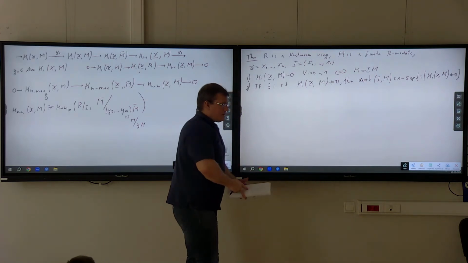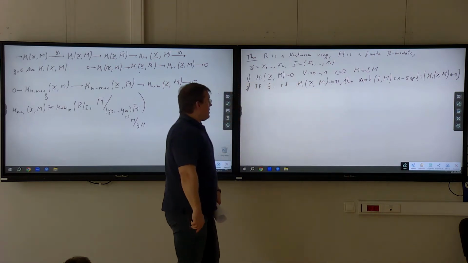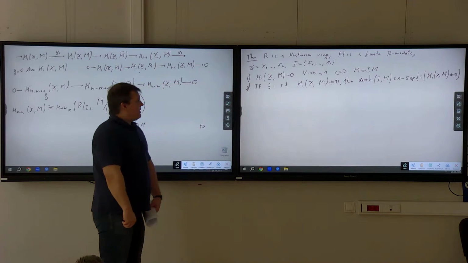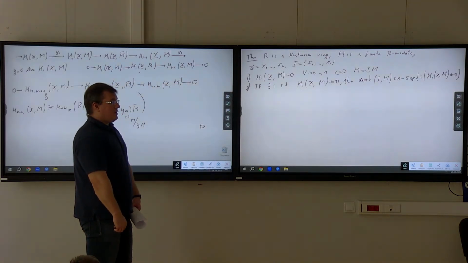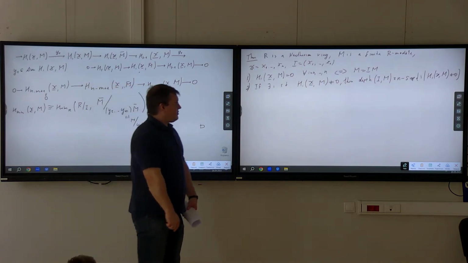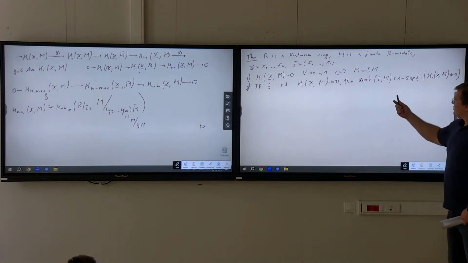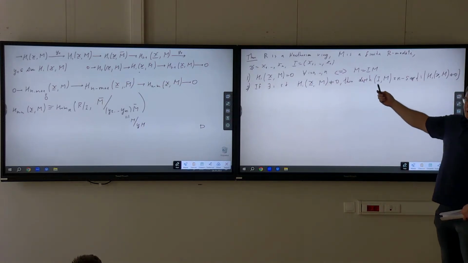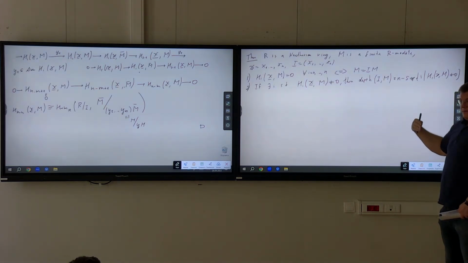So to be on the safe side, I'm formulating that I have a situation where I have at least one non-zero Koszul homology. Then the depth is related to the Koszul homology by this formula, and you can interpret this depth as showing how many zero terms you have in the Koszul complex starting from the left.